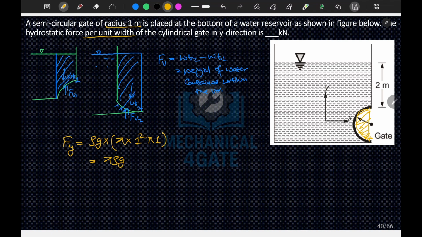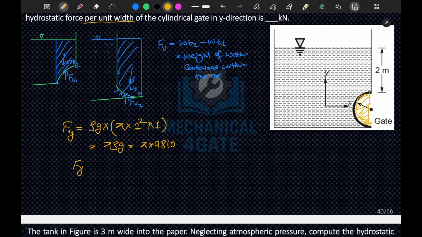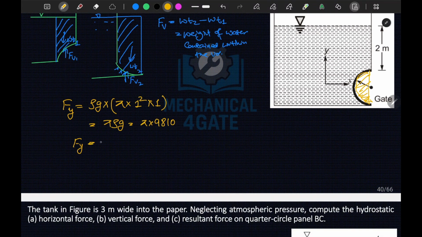Substituting, since it is water, rho is 1000, so rho g is 9810. Pi into 9810 comes out to be 30.8 kilonewton.